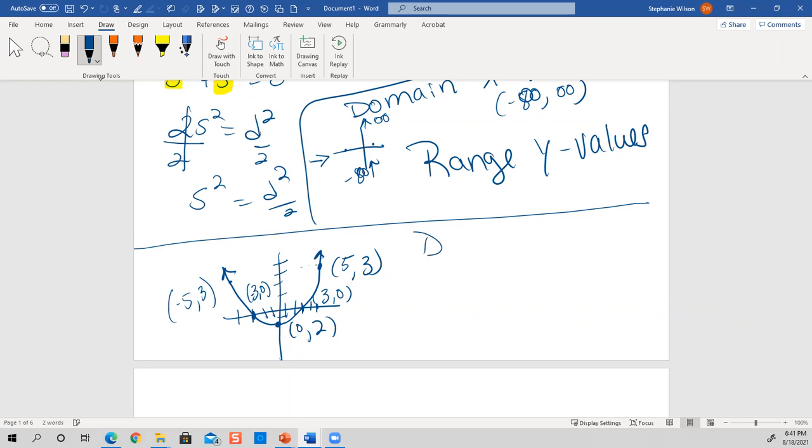However, we want to know what its domain is. Domain reads left to right. So we're going to start right here and move our way in. And what do I see? I see this arrow here, and this arrow says we're going out that way. That means we're going to eat all of the negative infinities for the X value. So I already know this part.